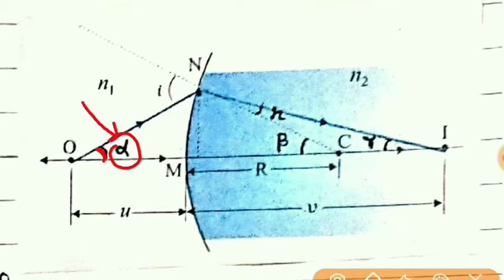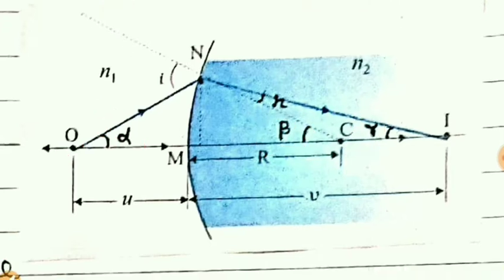Because the rays are paraxial, this angle made will be very small. Even the object is point size, so angle alpha will be very small. Also this angle made here is beta and this angle is gamma. So here I have taken these three angles for simplicity.